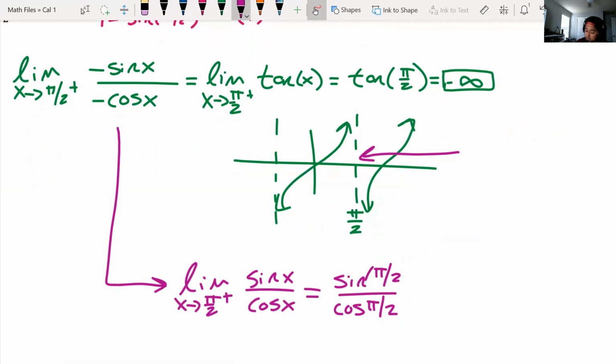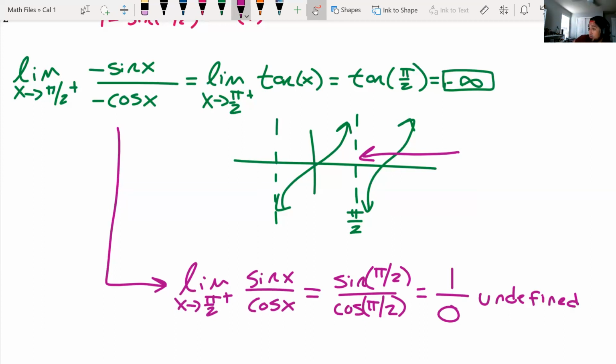Well, again, what's sine at pi over 2? 1. And what's cosine at pi over 2? 0. So 1 over 0, is that indeterminate or undefined? Undefined. So that means you couldn't use L'Hopital's again.